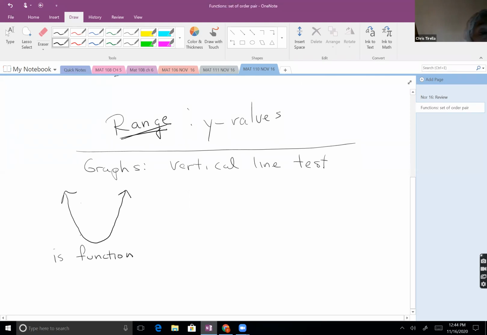Any vertical line will only intersect it in one point. Instead, if I have something that looks like a circle, this is not a function, because we can have a vertical line that crosses in 2 points, saying that whatever this x value is, there are 2 corresponding y values.